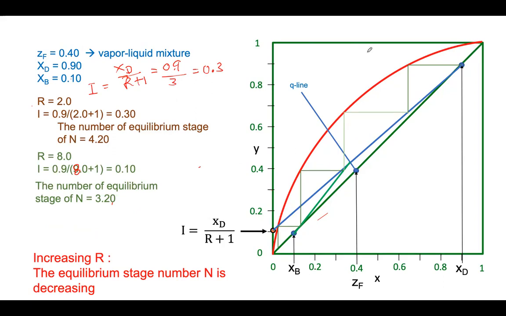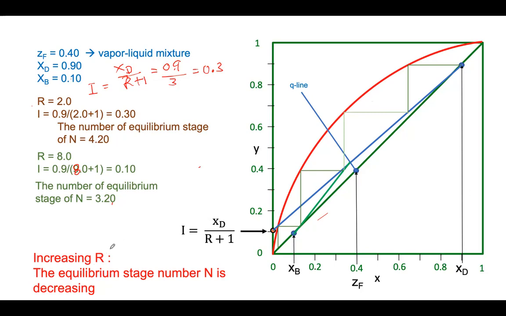I'm sorry, we can't really put it on the same line because it looks like animation. But increasing the reflux ratio means that your equilibrium stage is decreasing, which also shows you that your tower is shorter, so your capital cost is also lower.